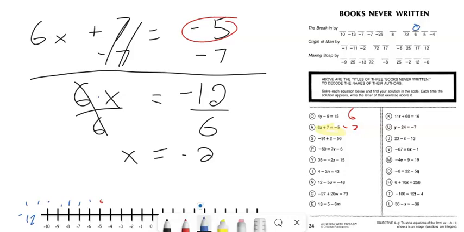And so, again, we're going to look at the top here, if you want to do the puzzle, and wherever we see a negative 2, we will put the letter A, because that A is right here. And again, check, some of these problems have more than one. Yeah, there's 2 negative 2's. So we're going to put the letter A here. There's a negative 2. My writing's not great.